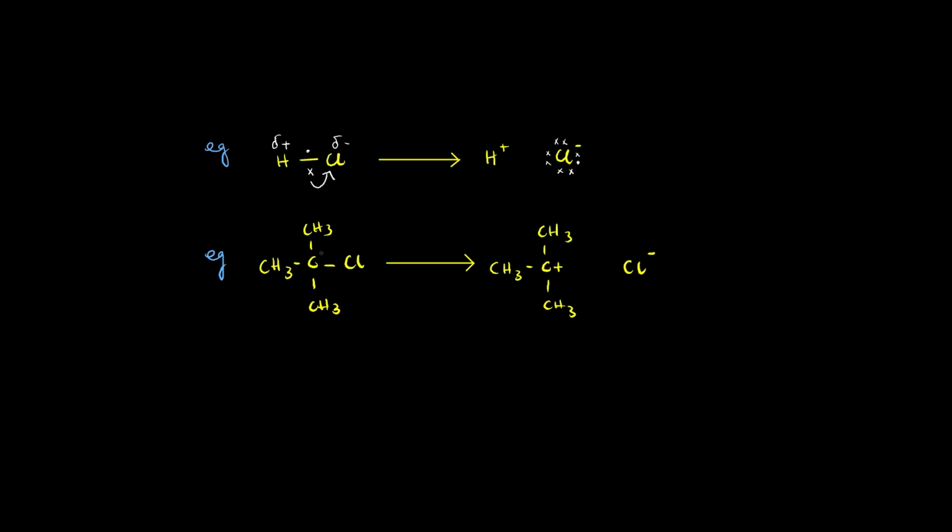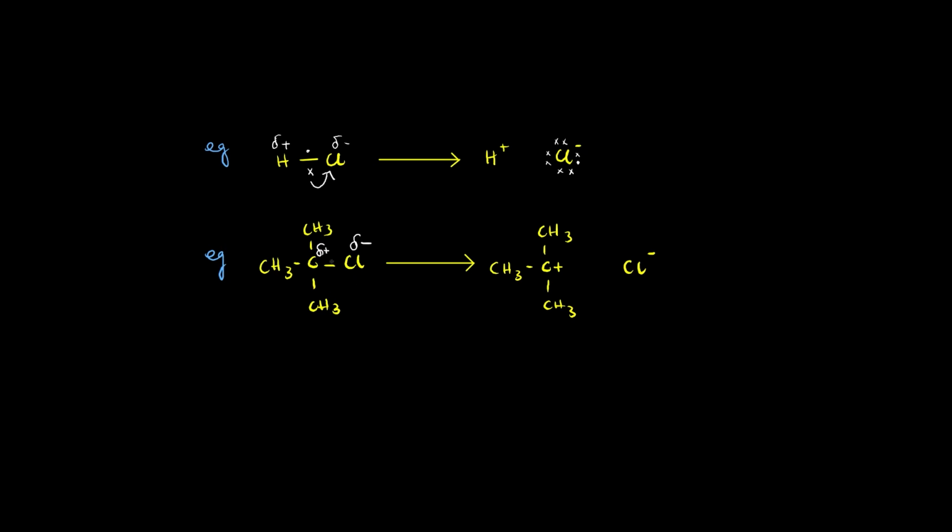Now what if we have a slightly more complex organic compound, for example the one that I've drawn here? This is one entire portion of the compound and this is another, so we assign the delta negative and delta positive accordingly. Chlorine is definitely more electronegative than this non-polar portion of the organic compound.